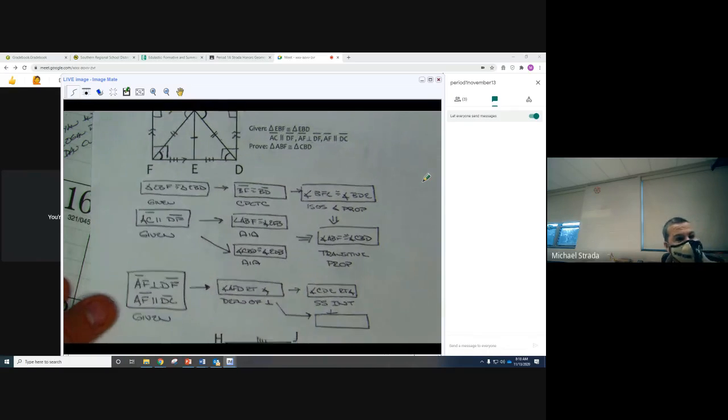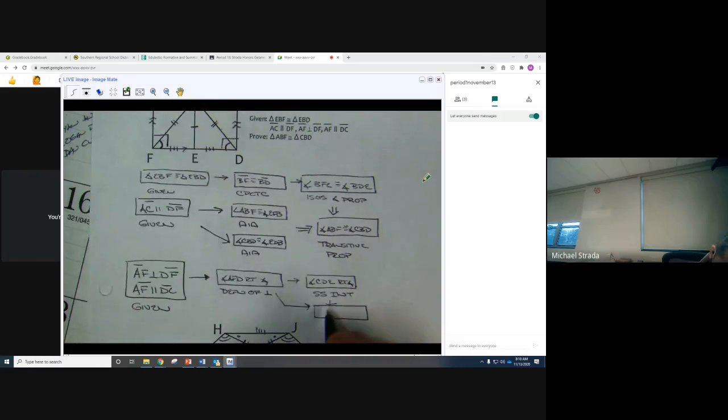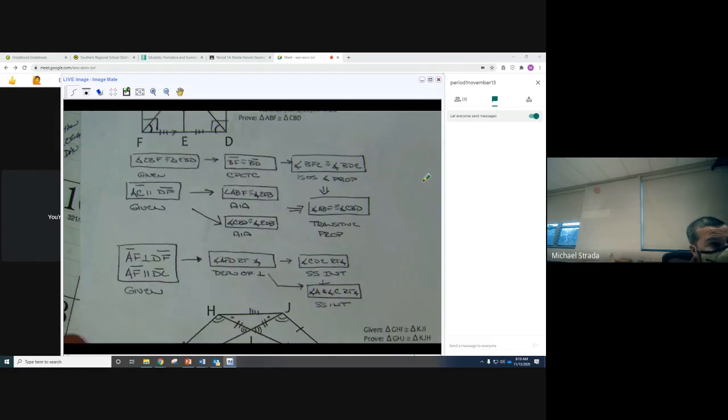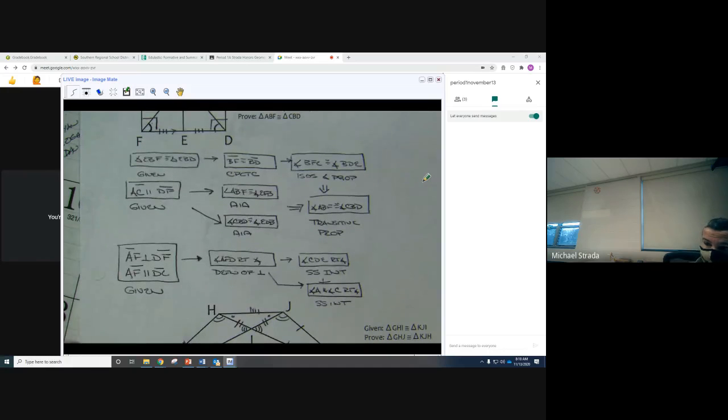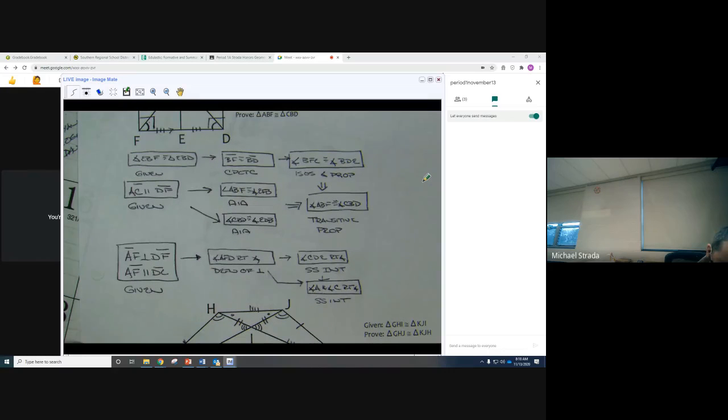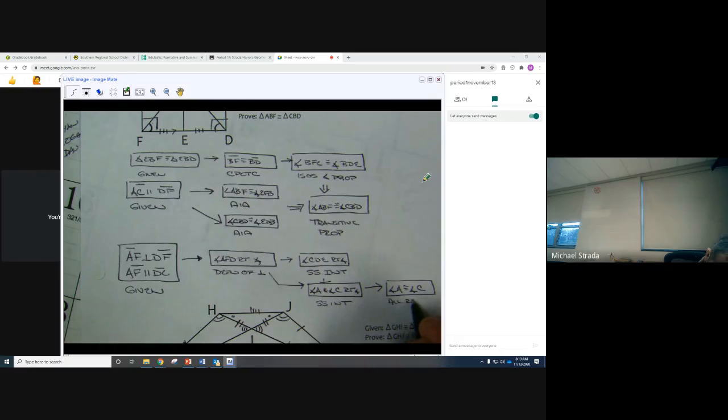And that in turn, combining those, allowed us to say that angle A and angle C are right angles. Same side interior. This would definitely be a fill-in, by the way. All right. And then that allows us to say that angle A is congruent to angle C. All right angles are congruent.